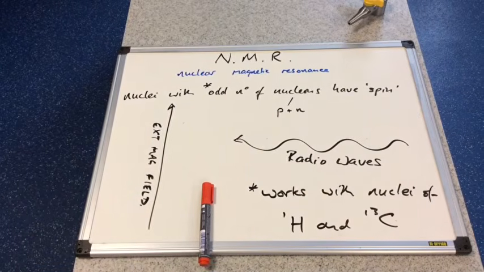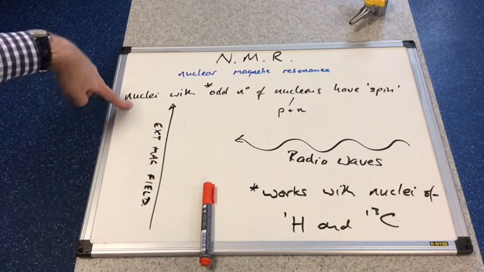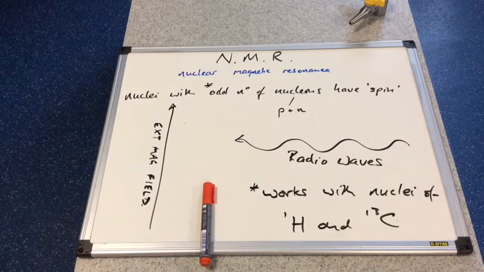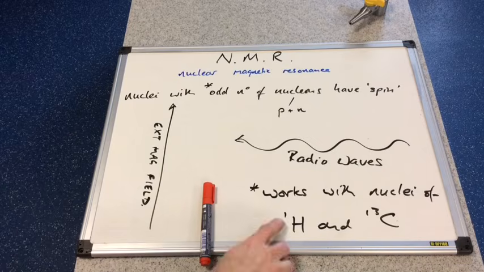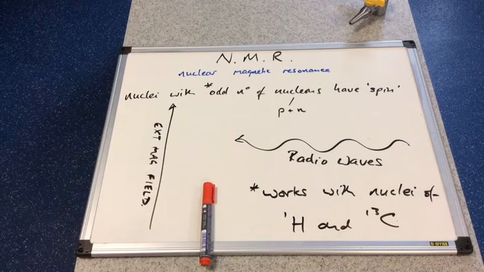So what is it going to work with, if it's to do with nuclei with odd numbers of nucleons? Well, if we think about the hydrogen-1 isotope, what's in the nucleus of a hydrogen-1 isotope? We've got 1 proton and no neutrons. That's an odd number, so it's going to work with the H-1 isotope, or proton.